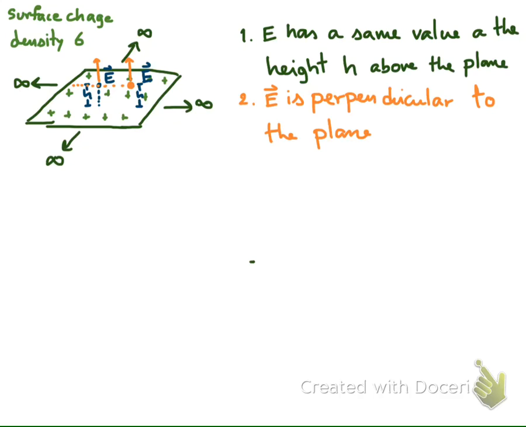The shape of a Gaussian surface can be arbitrary except one condition, that it must have a surface that is parallel to this plane and a surface that is perpendicular to this plane.